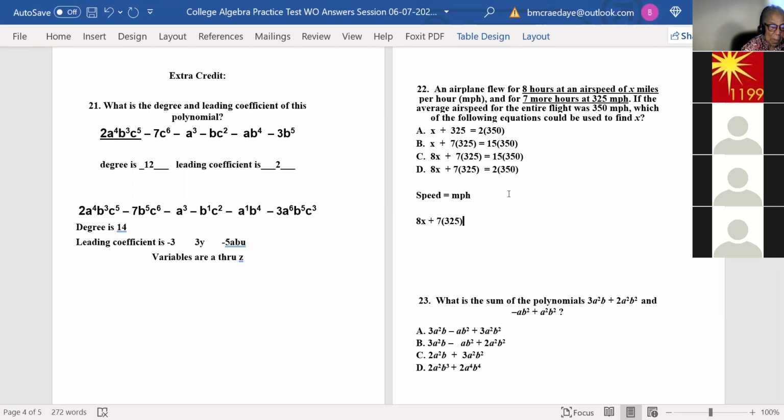Right? And what will we divide that by? 15. Yep, we divide that by 15. So let's put the 15 here. And what's that equal to, Audrey?